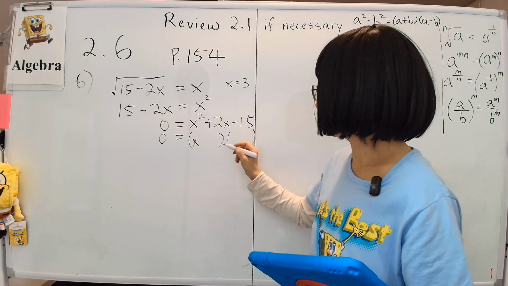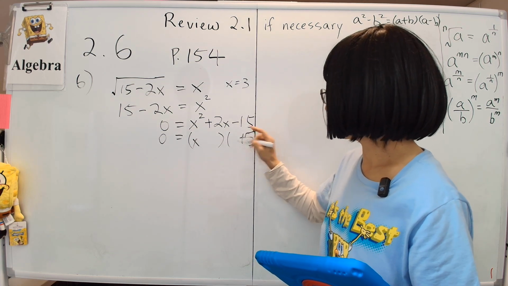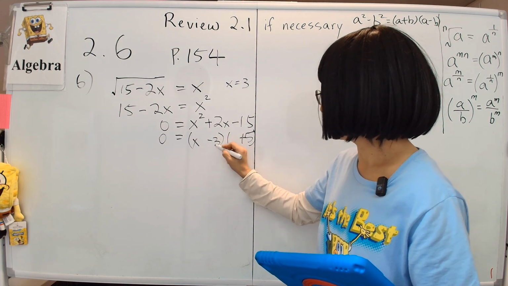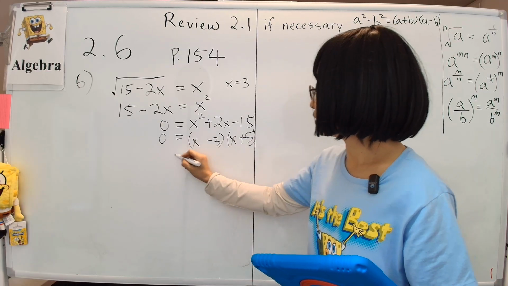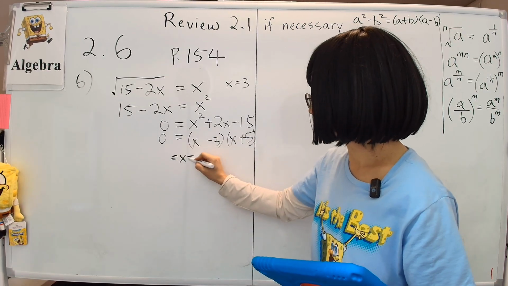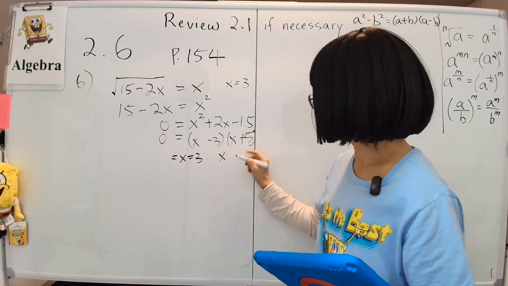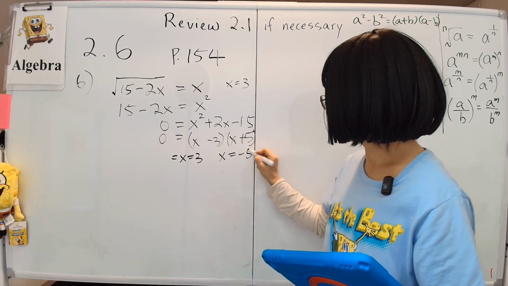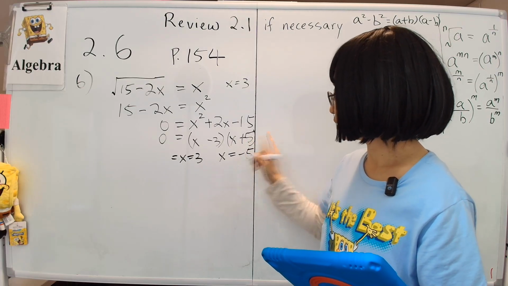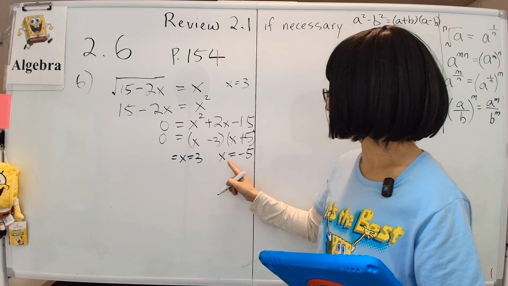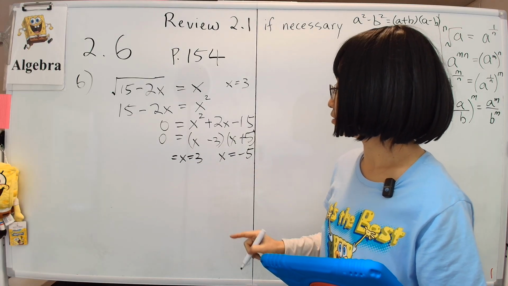We need 15, and then need to be a plus. So it will be plus 5, okay, to end up with a plus 2, and minus 3. 3 times 5 is 15. And that's about it. So then the solution is x equal to 3, as we guessed earlier, right? And then this part becomes x equal to negative 5. So the plus 5 becomes minus in the solution. Push it to the other side of the equal sign. So we have 2 possibilities, x equal to 3 and x equal to negative 5.